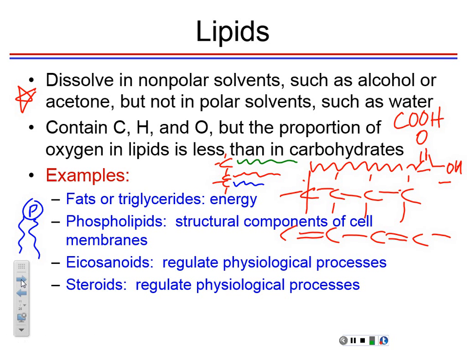And then the steroids are made from a compound called cholesterol. Cholesterol is not all bad. You need it. You just don't need too much of it. That's all. But all these steroids are based on cholesterol.